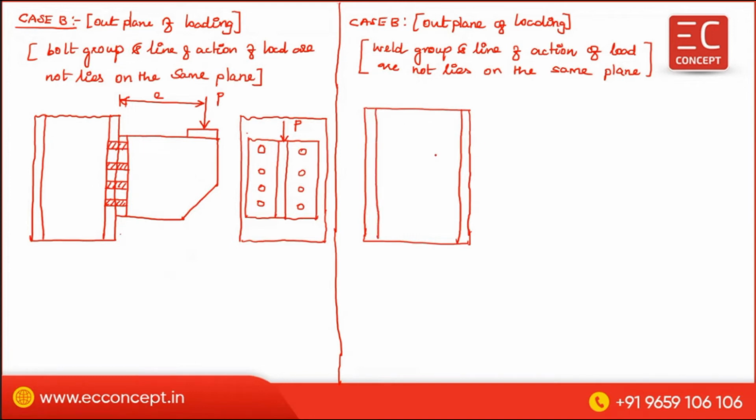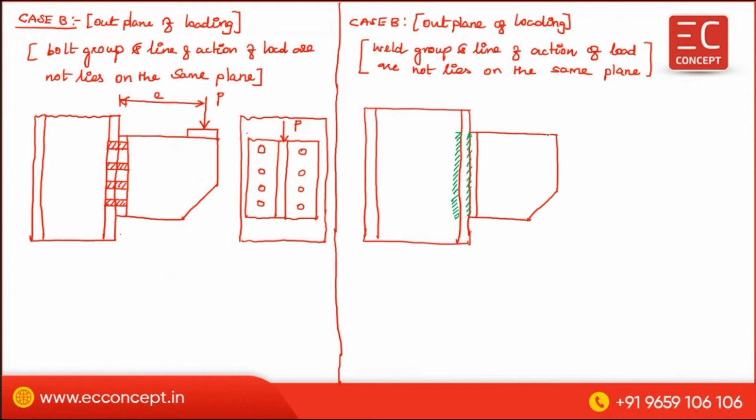And here the bracket is connected with this. So this is the bracket. Now the weld is made like that. So here this is the weld. Weld is made something like that. And for this side also, this is the weld which was made.